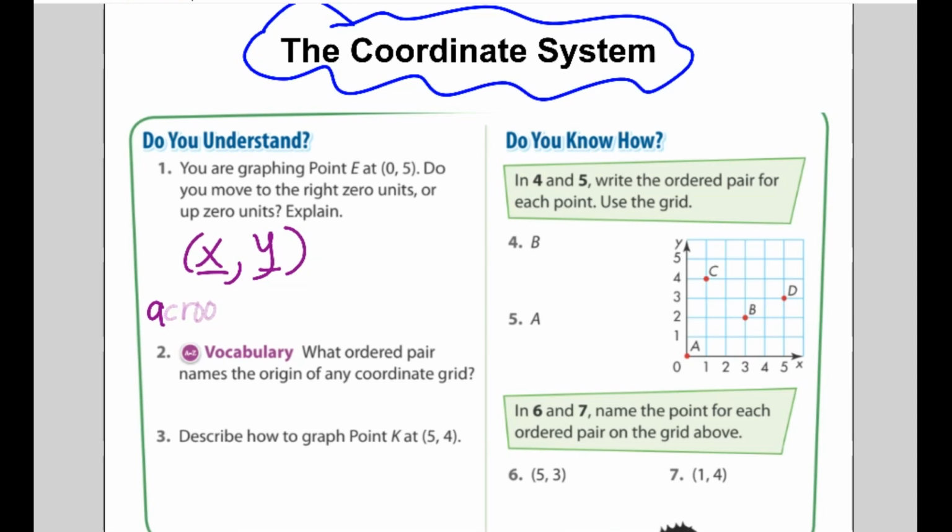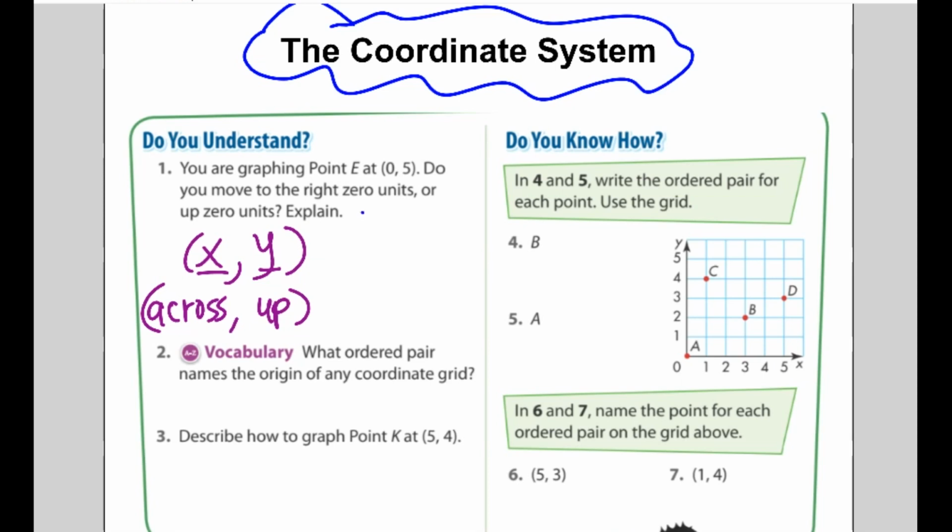X is across and Y is up. So that's basically what this is telling us, that we're going across X, whatever the number is for X, and then we're going up whatever number it is for Y.